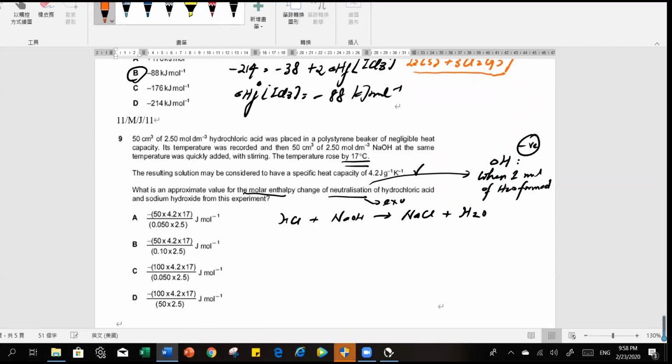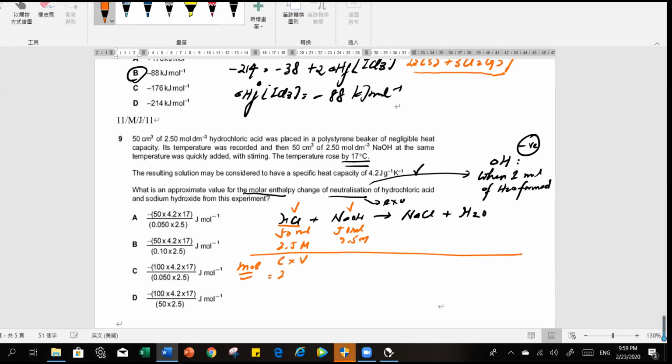So how are we going to tackle this question? We will have 15 mil here, 2.5, okay? The number of moles of acid and alkaline, their amount is the same. If I look at the number of moles of hydrochloric acid, it will be C times V, right?